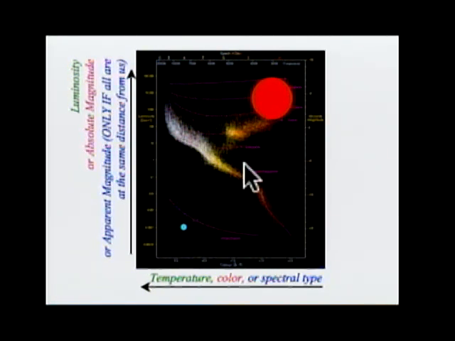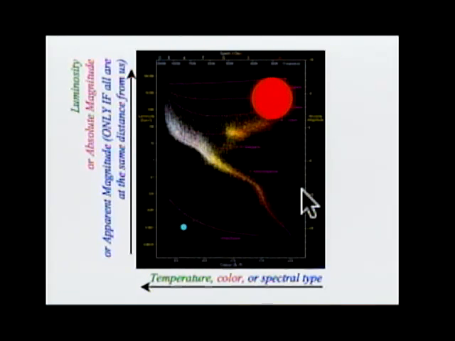Stars stay in this location when they are fusing hydrogen into helium in their cores. As they die, they move away from this main sequence and they become giants and then they become dwarfs. Because they live 90% of their life in the main sequence, you find 90% of the stars in the main sequence.